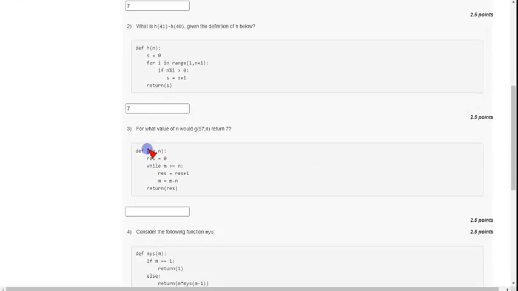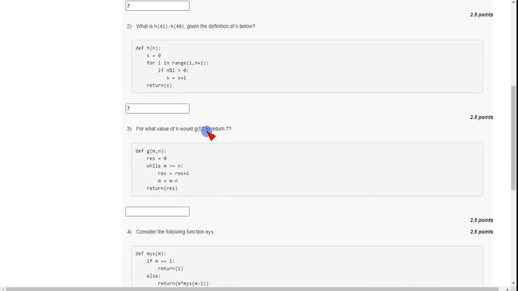And coming to the third one, for the third question, for what value of n would g of 57 comma n return 7? It means res is equal to 7, then what would be g of 57 comma n?